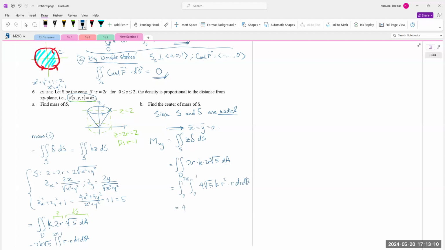That is 4 square root of 5 k times 2 pi times 1/4. So that's 2 square root of 5 k pi. Am I right? 2 square root of 5 k pi.